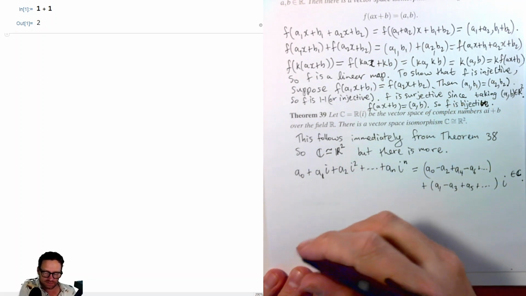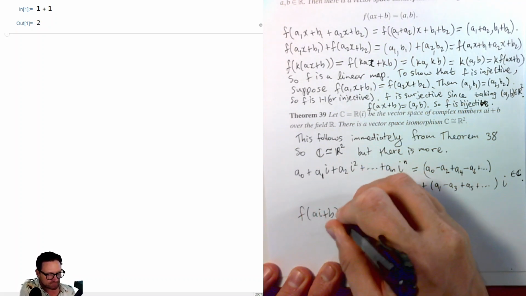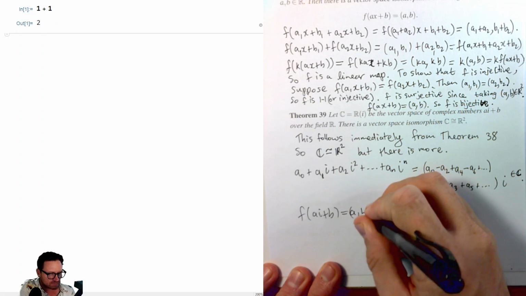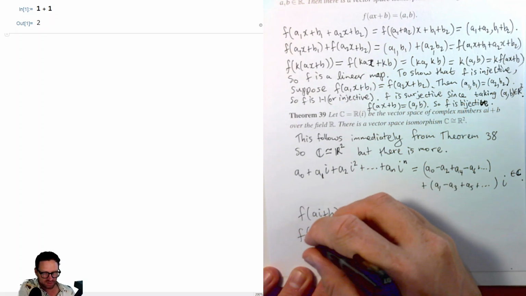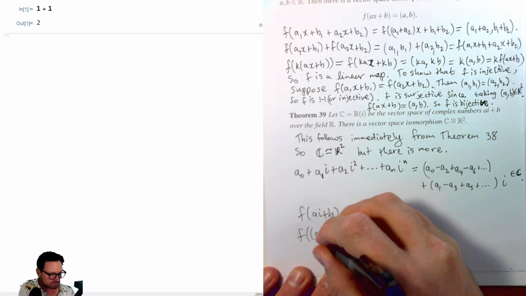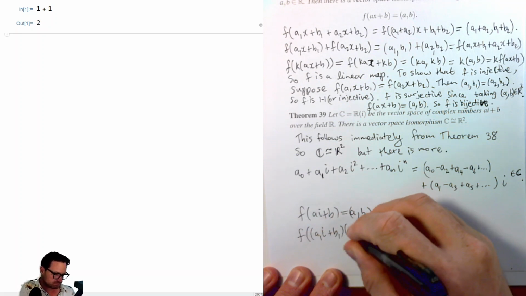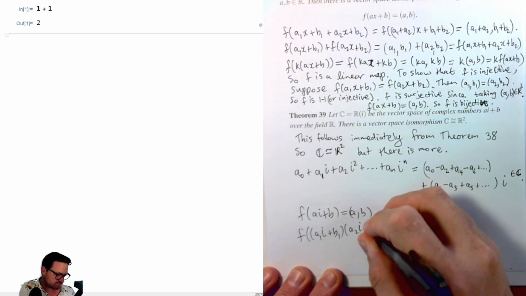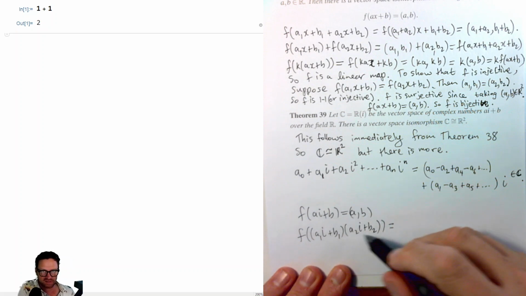Okay, now, so we have f of ai plus b is ab, but we can do something similar with the product. So let's expand the inside of this.